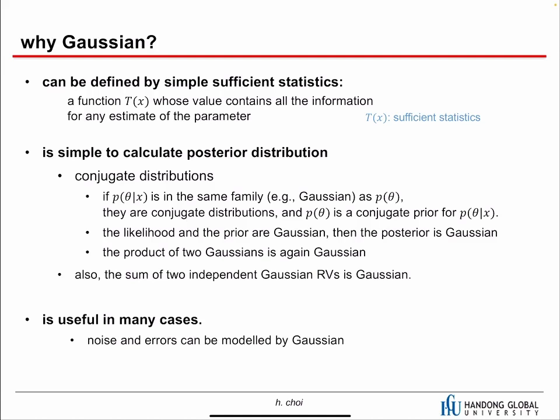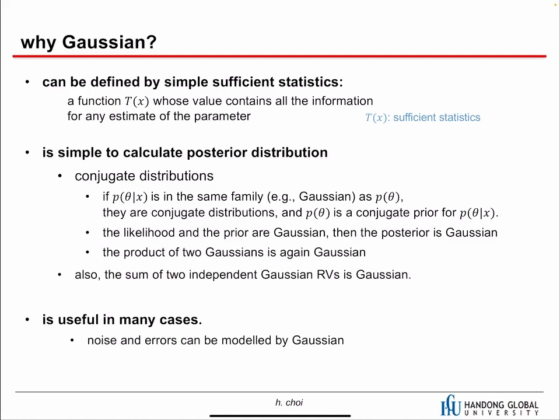So these estimates are quite simple. We can calculate the sample average and sample variance simply. So we can define a Gaussian distribution based on samples simply. That's the first reason, I guess.